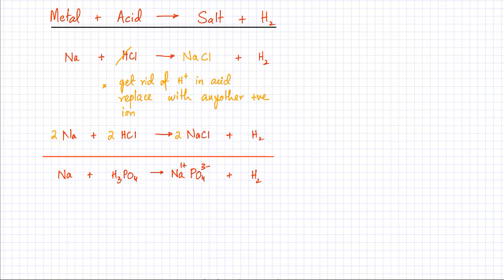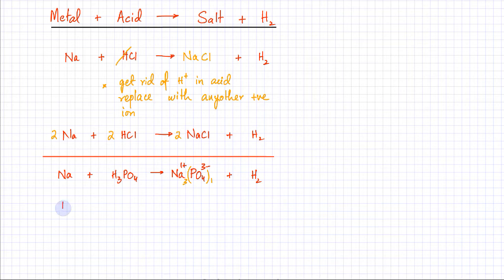And if I use the crisscross method, Na would be 3 and PO4 would be 1. So I've used the crisscross method to figure out the formula of my salt, which is going to be Na3PO4, or sodium phosphate. So I'm going to rewrite this reaction now, and I'm going to try and balance this as well.